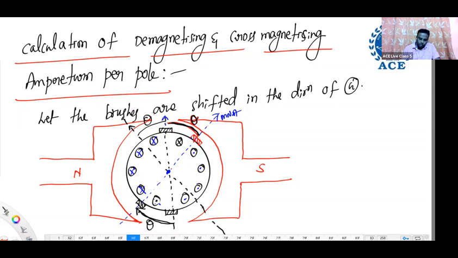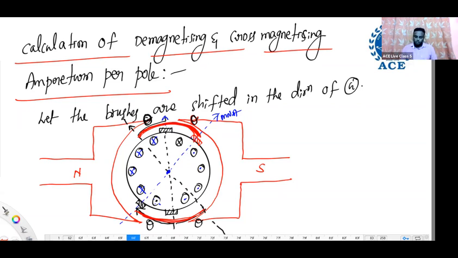Now observe: the conductors present in this angle 2 theta, and the conductors present in this other angle 2 theta, will produce a flux exactly opposite to the main flux.